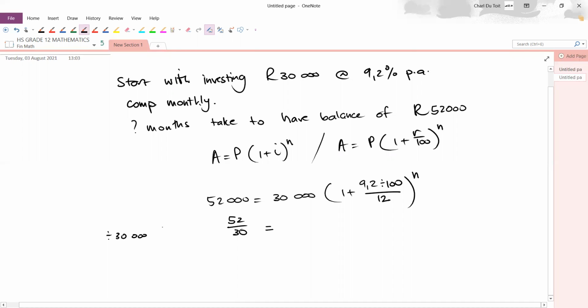Okay, I'm going to leave it as a fraction. And then I'm also going to calculate whatever I find in that bracket there. So I'm just going to calculate what is 1 plus 9.2 divided by 100 over 12. That's giving me 3023 over 3,000. So I'm leaving that as a fraction. I'm not going to work with decimals unless my calculator doesn't give me fractions, but only decimals.